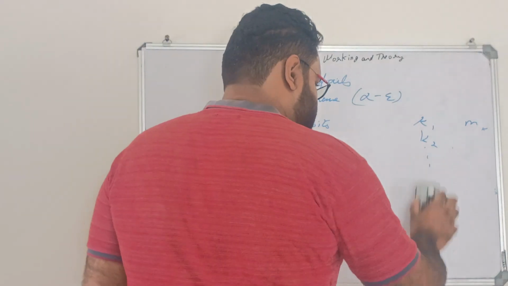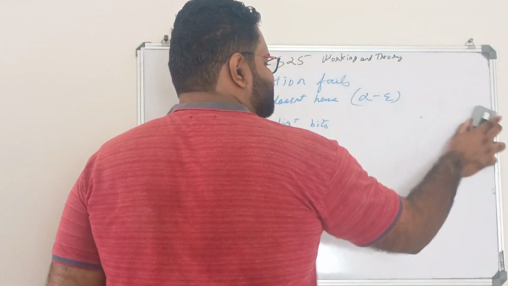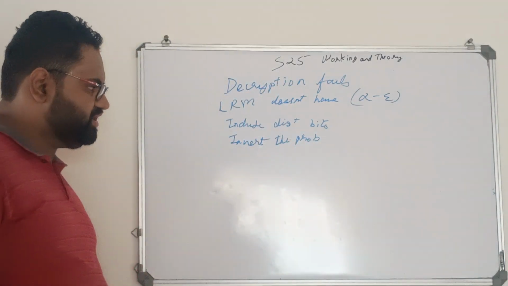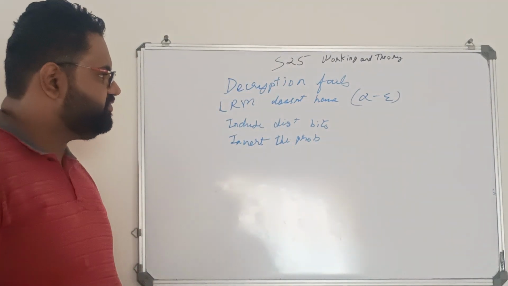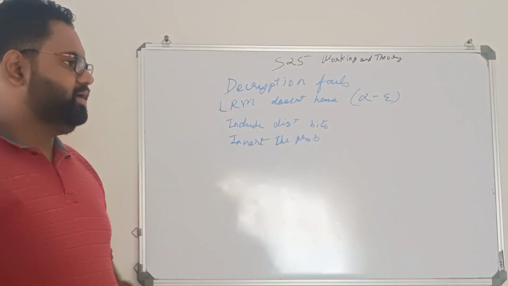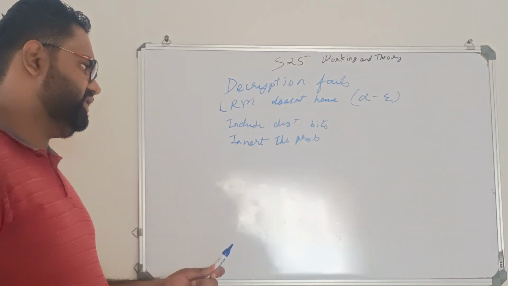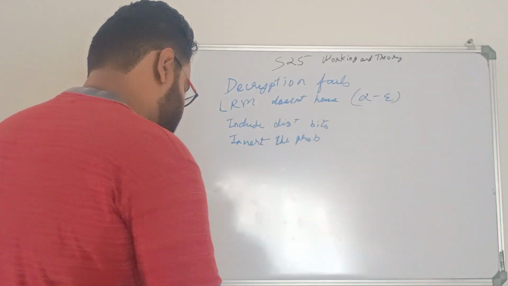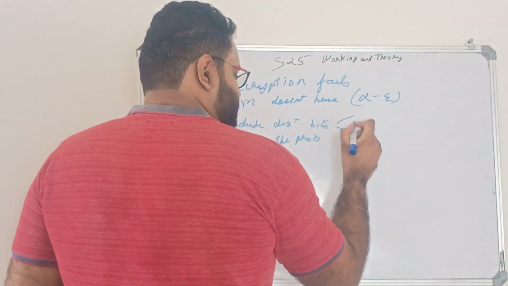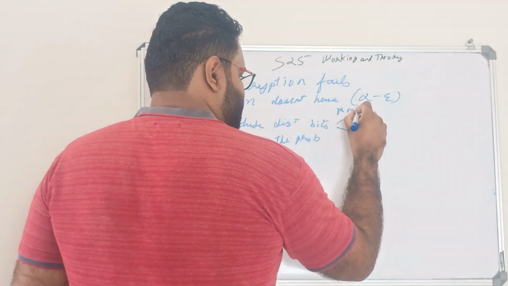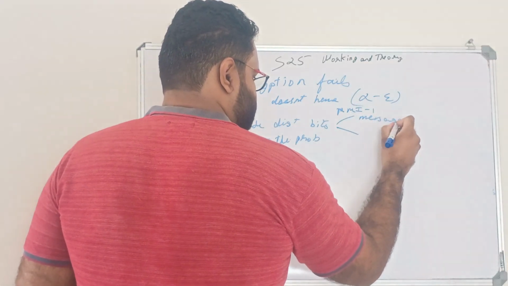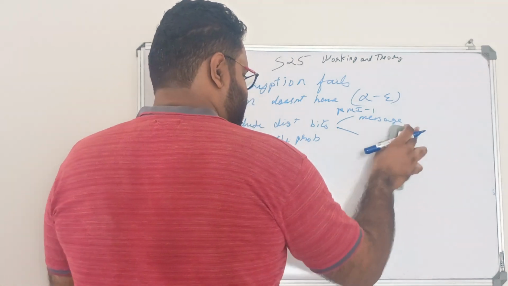That is actually going to increase the complexity of the decryption process, but it provides some amount of security. If I include the distance bit, what ends up happening is the error of MMI minus 1 can be either in the message or the distance bit.